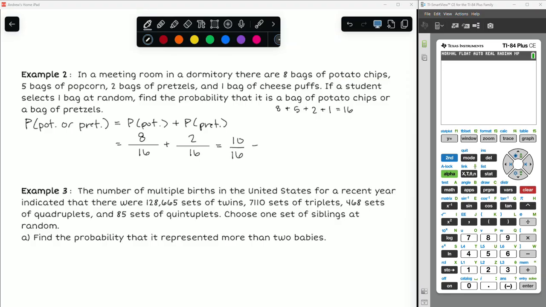And I can reduce that. Those are both even numbers. That's going to give me 5 over 8, or 0.625. So there is a 62.5% chance if I randomly stick my hand in the snack drawer, I'm going to grab a bag that's either potato chips or pretzels.